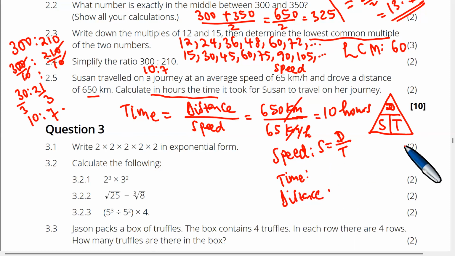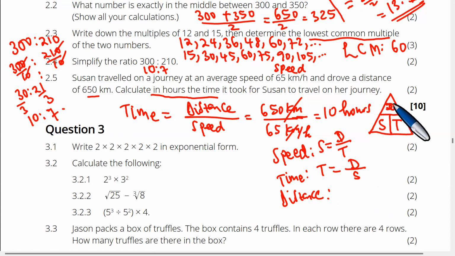What is the time formula from the triangle? Time is equal to what? You can see that from the triangle, time is distance over speed.